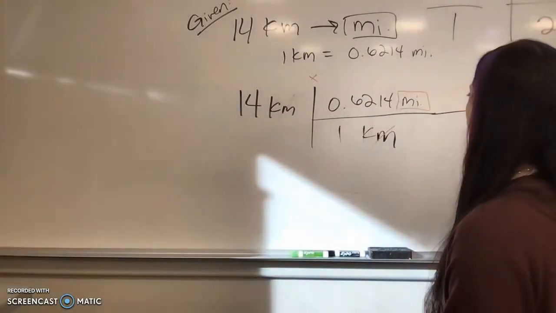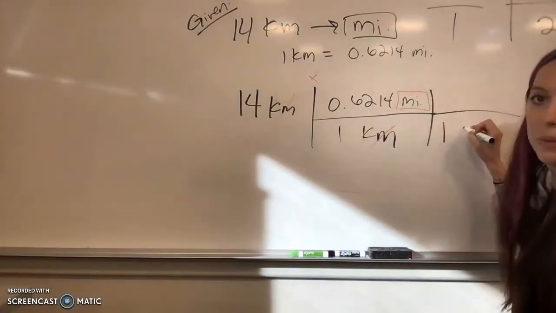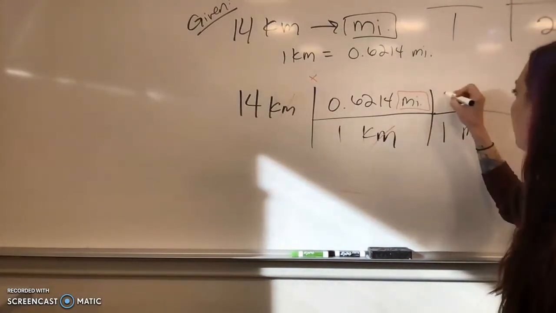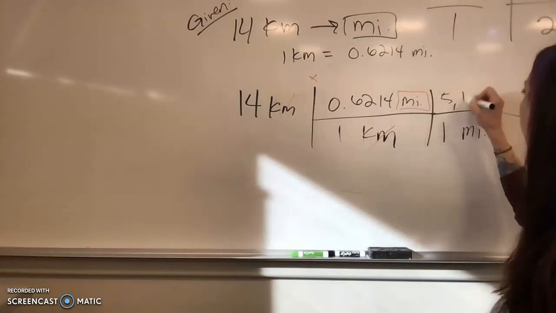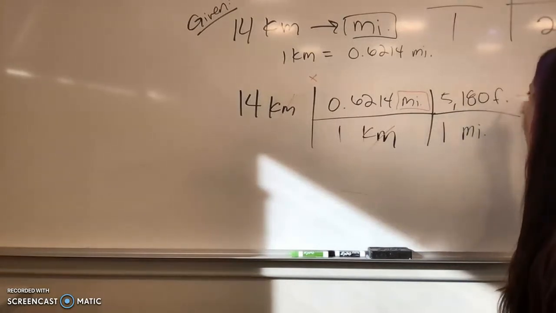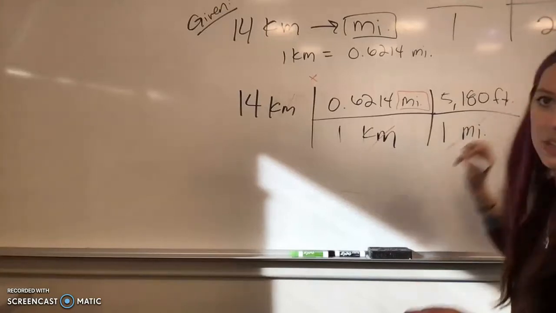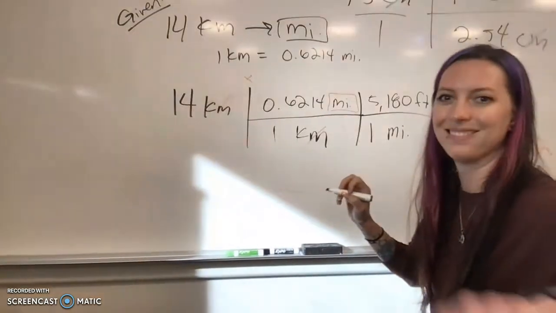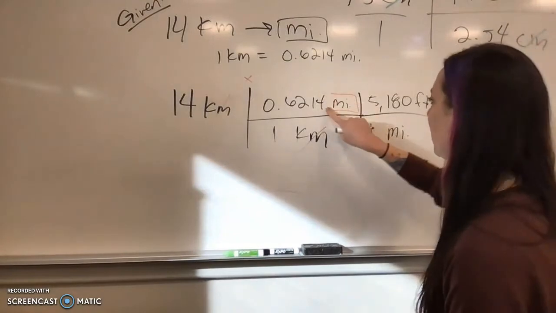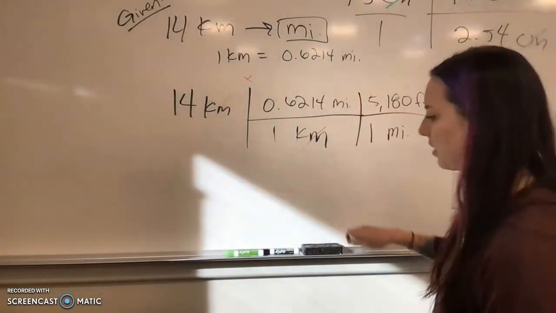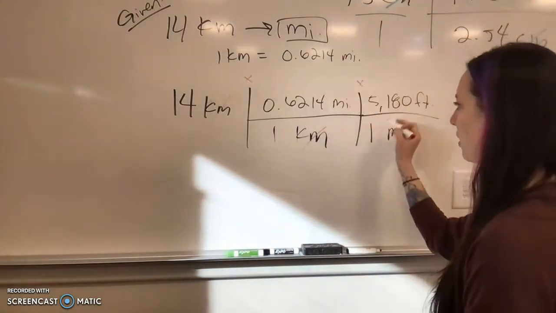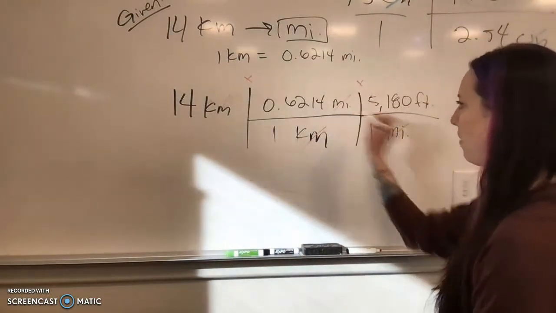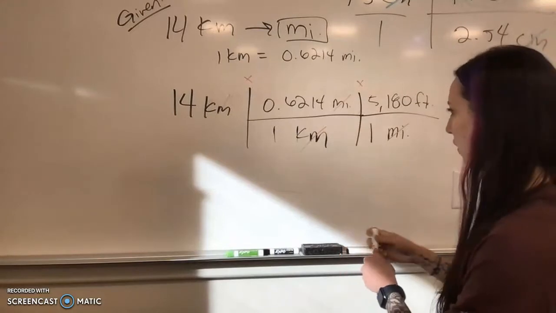So in 1 mile, there's 5,180, I think, feet. We're going to pretend that that is the correct conversion. So then here, again, you would just do the same exact process. You would just continue things on and still multiply across, and miles would cancel.